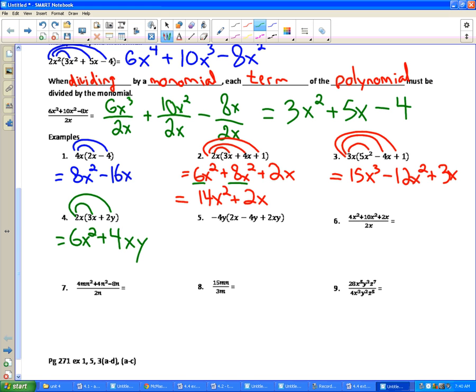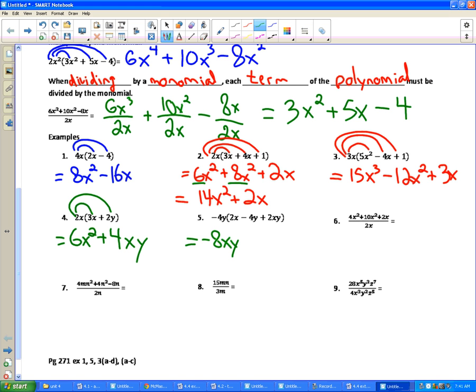In question 5, we've got a negative coefficient, which we haven't had before, so we've got some negative multiplication on each one. Negative 4y times 2x, we can multiply our coefficients, and we get negative 8, and we have an xy. Now you might have noticed on this question and the one before that I've listed the variables alphabetically.